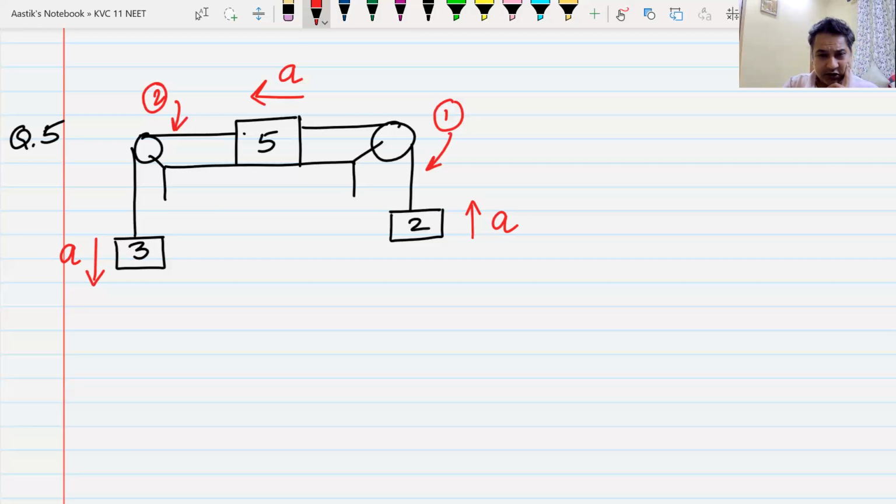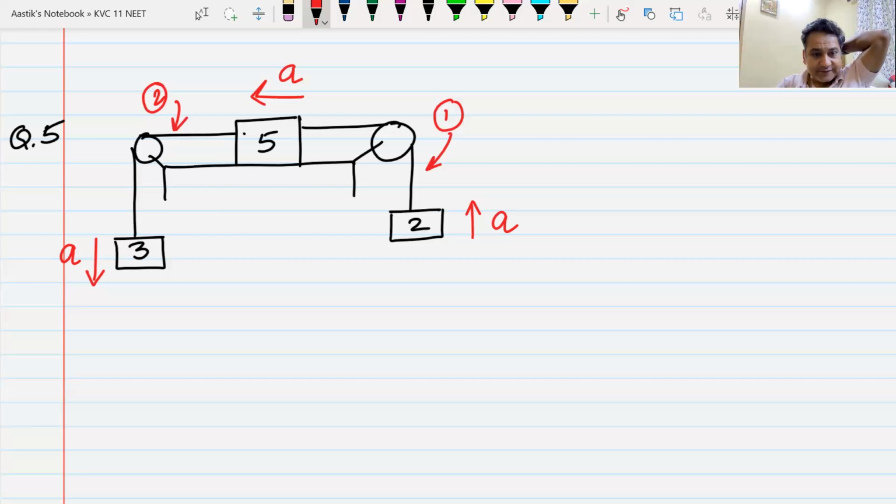Remember, in all of the questions, what we are doing is trying to find out the net pulling force. If you can find out the net pulling force, you should be able to understand and do it.